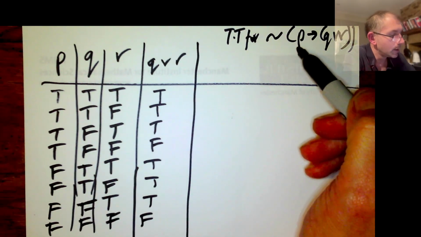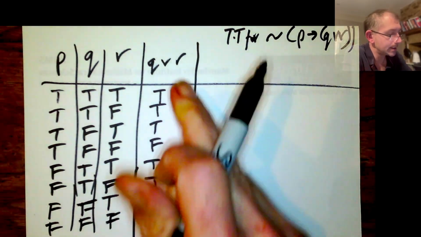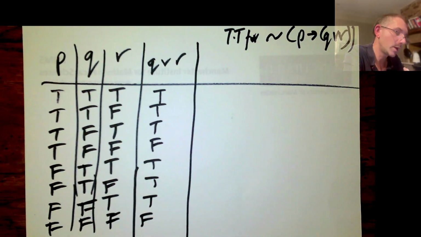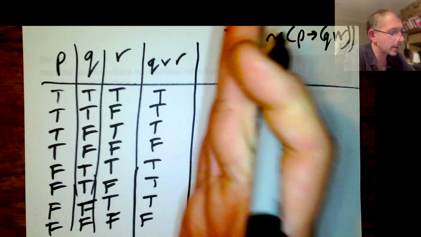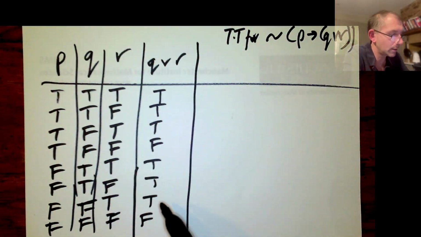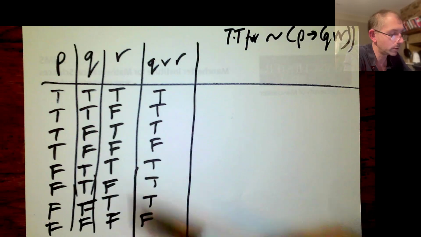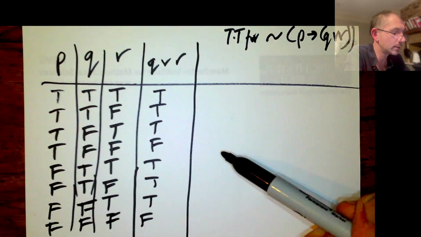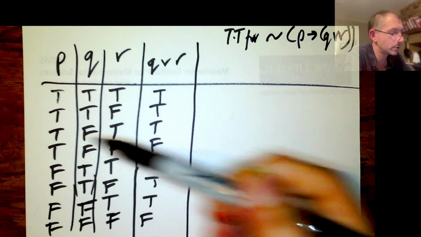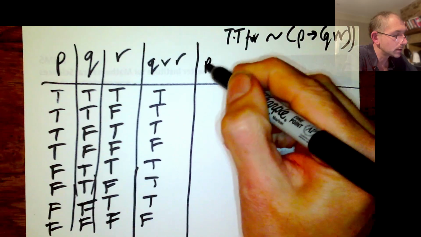Okay, good. Now we need to do P implies this column. And we know that the only time that goes wrong is when something here is true, but there is false. Otherwise it's true. We are not concerned about it unless this is true and this is false. So let's do that one.